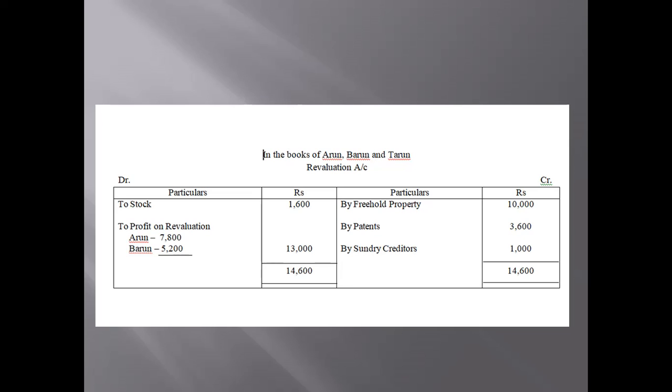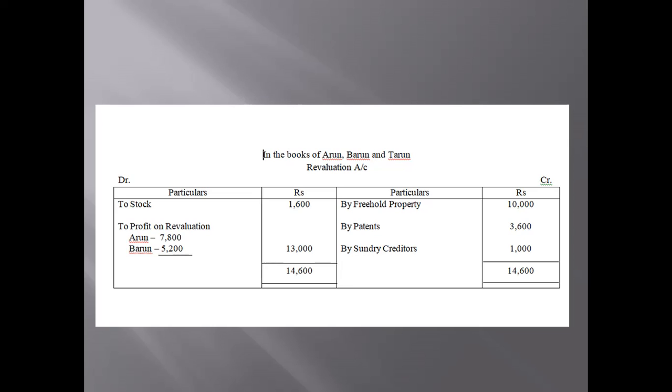Number one, in the asset column of balance sheet, and number two, in the adjustment. But in this question, we have it only in the adjustment. That is 24,000. So we will do it separately afterwards. So we will write patents 3,600. Okay, 24,000 goodwill, we will see it afterwards.